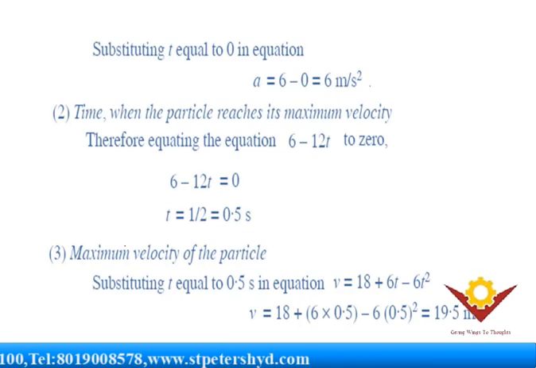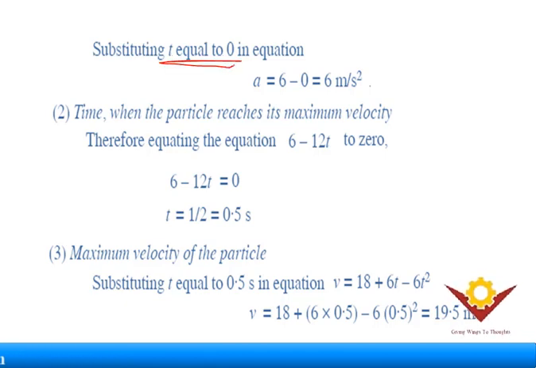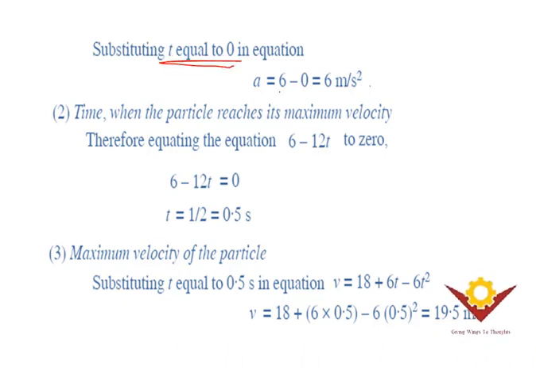And if you substitute t equals 0 in this equation, you get acceleration equals 6 meters per second squared. And the next term you have to find is time.